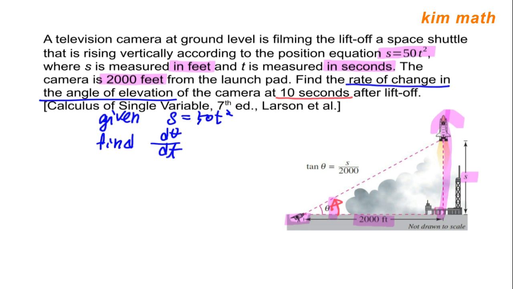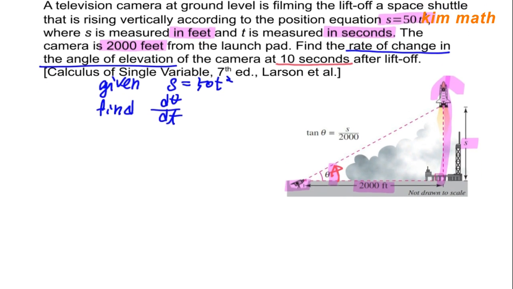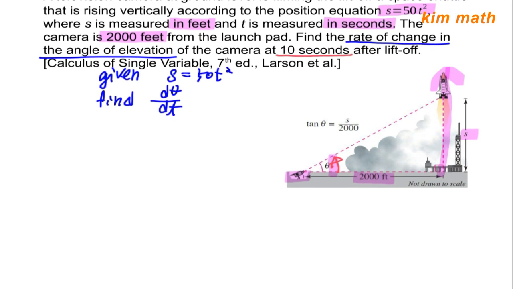So I must start this question by writing an equation between theta and s here. Can you see that? Tangent theta equals s over 2000, and s was given here, 50 t squared over 2000.